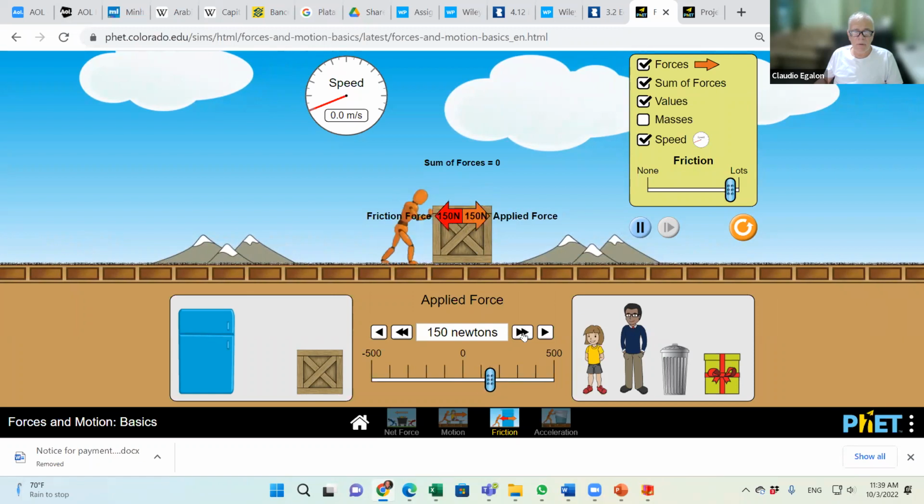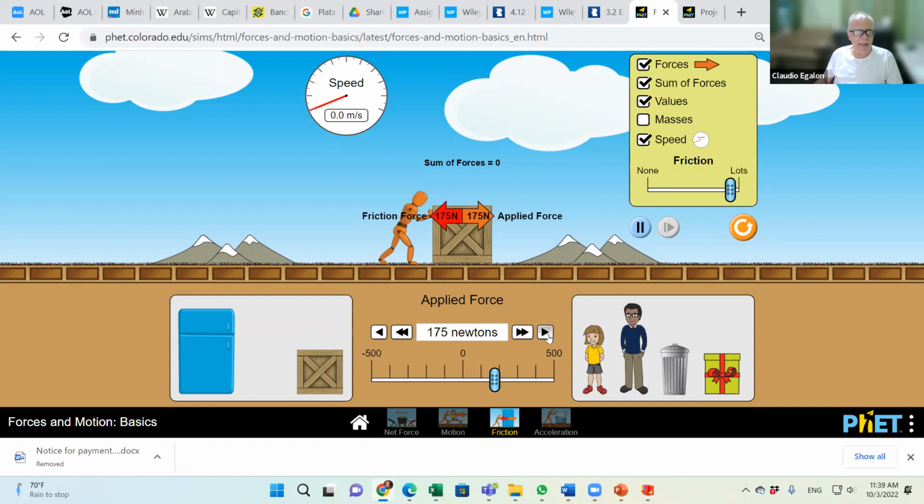Net force is still equal to 0. 150, right? Still net force is equal to 0. 155, 160, 161. That's a lot. We have lots of friction here in the simulator. 169. Keep on watching. 170, 171, 172.